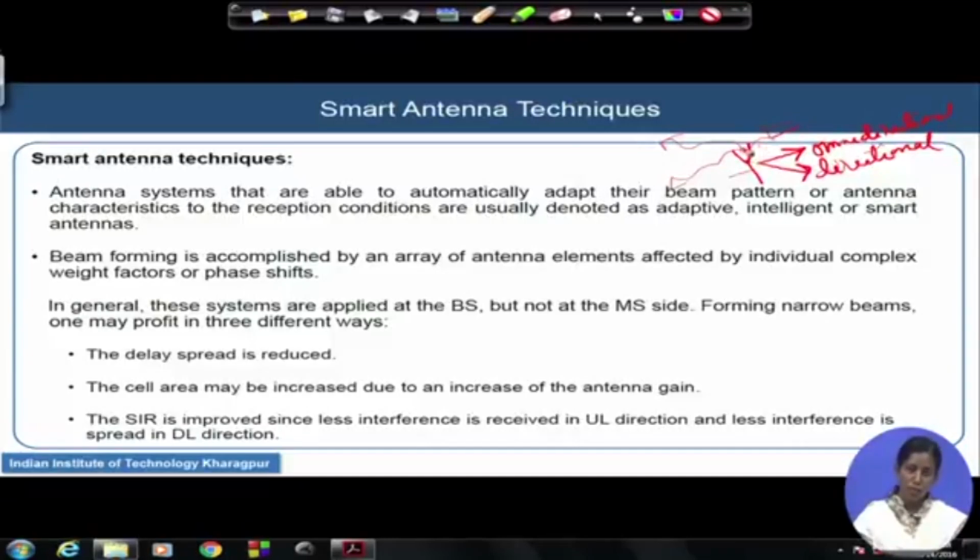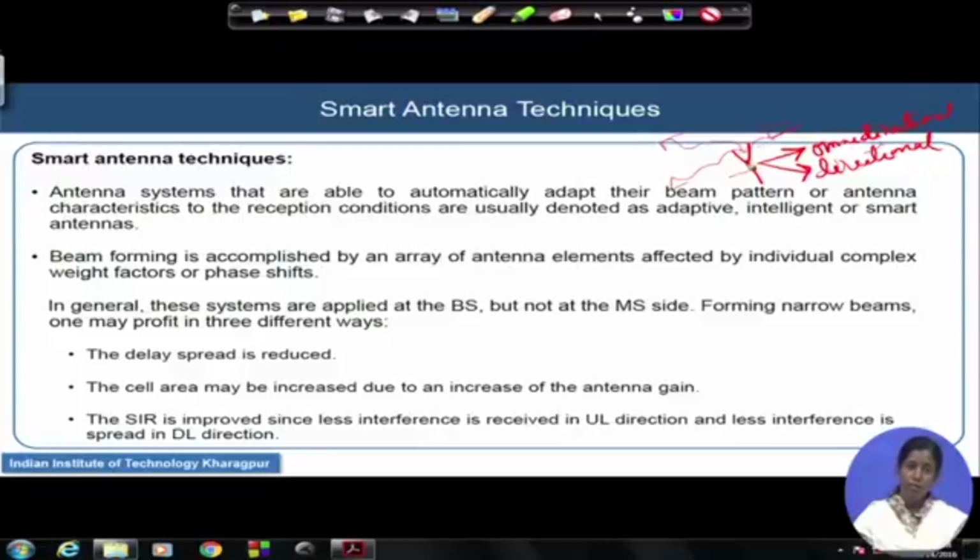Once we are talking about directive antennas, we will have a typical beam pattern associated with the transmission.